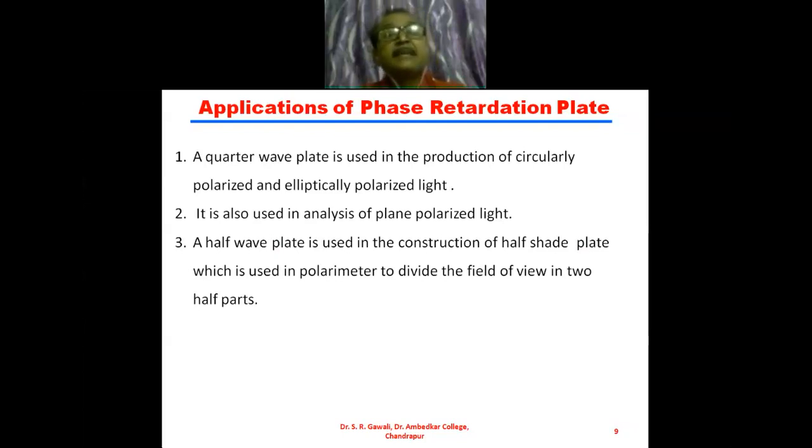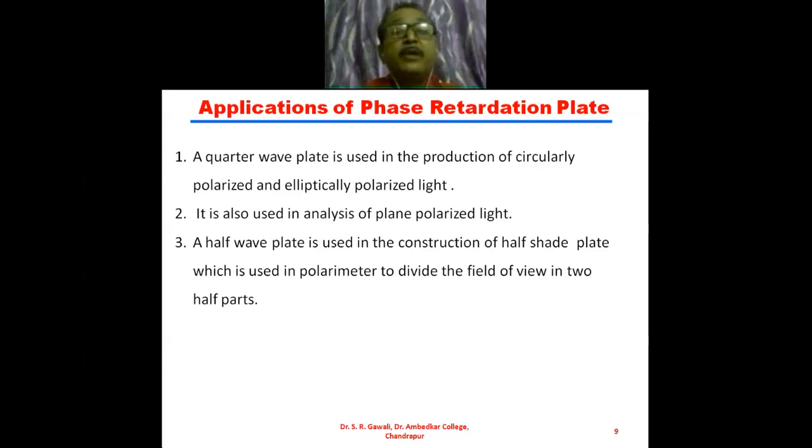And the last application of the phase retardation plate is that the half wave plate is used in the construction of the half shade plate, which is used in the polarimeter. This is one of the instruments used in the laboratory to divide the field of view into two half parts.